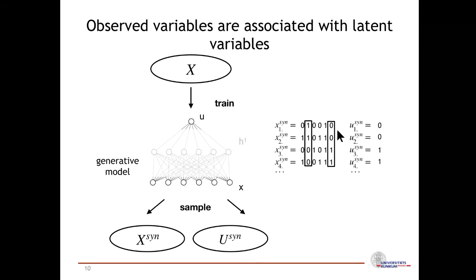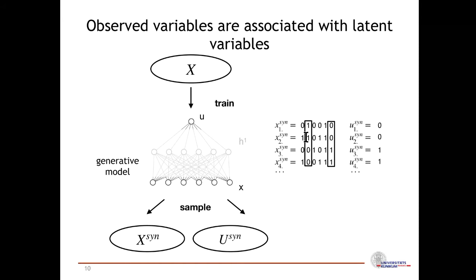Here we have 4 hypothetical synthetic observations, and we see we have 2 variables, the second and the fifth, and then the states of the terminal latent variable, U. And we see we have a pattern, a correlation with the state of the terminal latent variable.